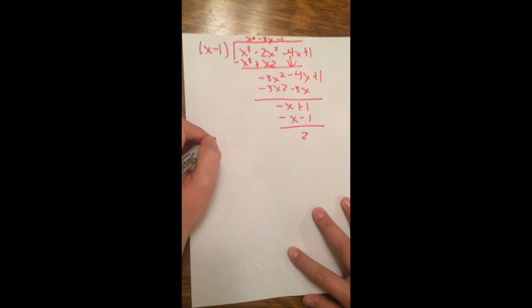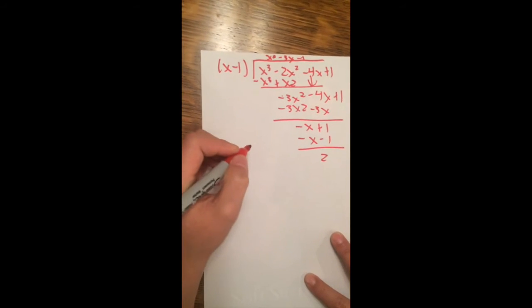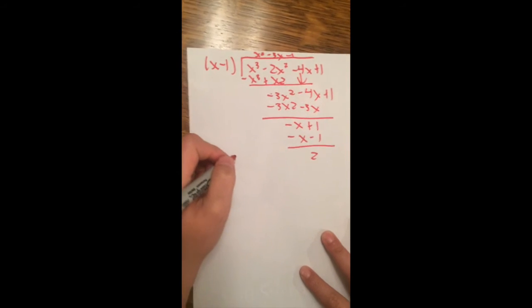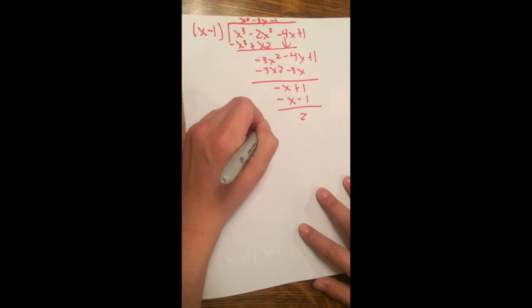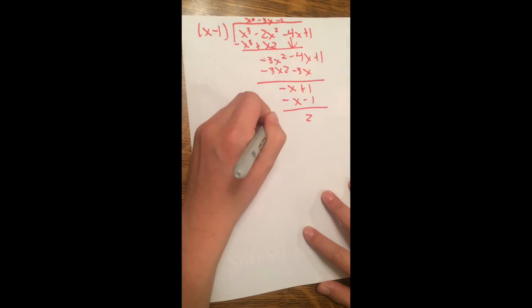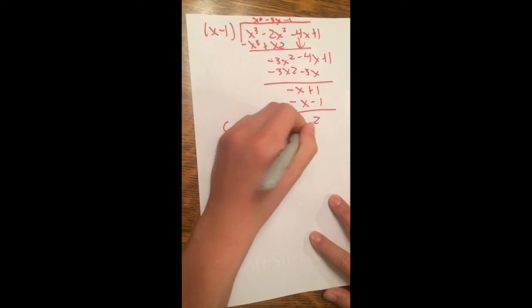But to answer 6, the x-intercepts on this graph are 3.1, negative 1.3, and 0.2.